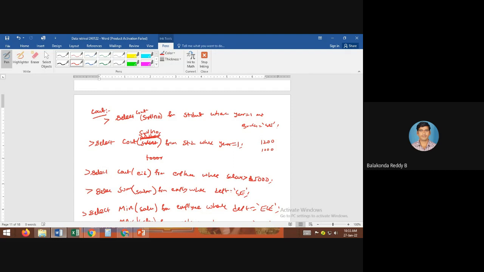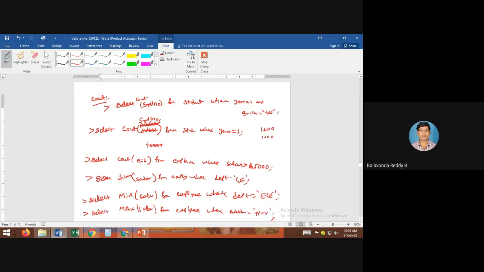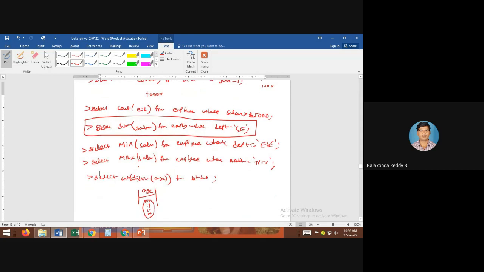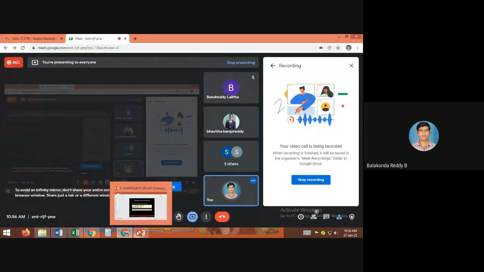Next, select sum of salary from employee where department equal to CSC. What is the meaning of this query, guys?